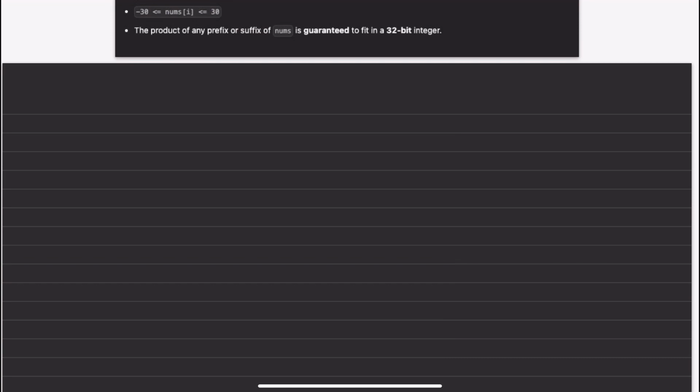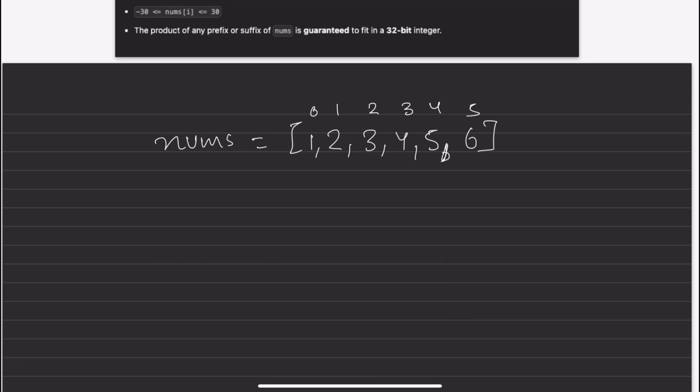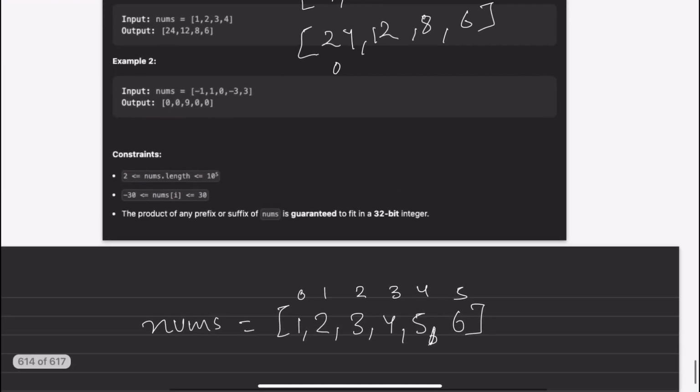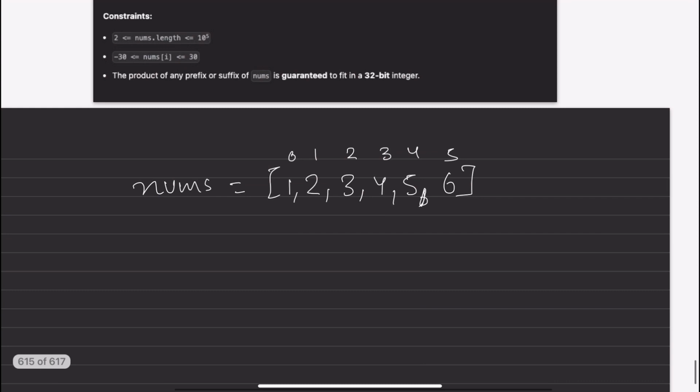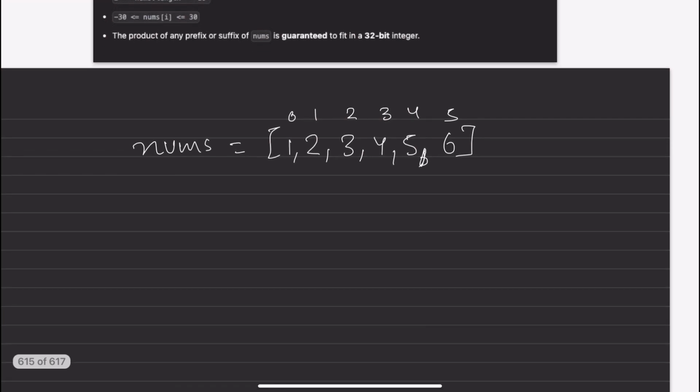So let's take an example of nums, which is 1, 2, 3, 4, 5, 6. Let me add the indices as well. So 1 is on index 0, 2 is on index 1, 3 is on index 2, 4 is on index 3, 5 on index 4 and 6 on index 5, right? Now we have to come up with the answer array.